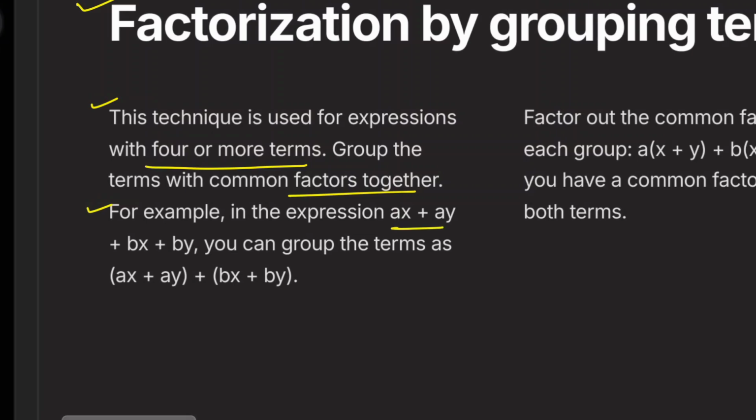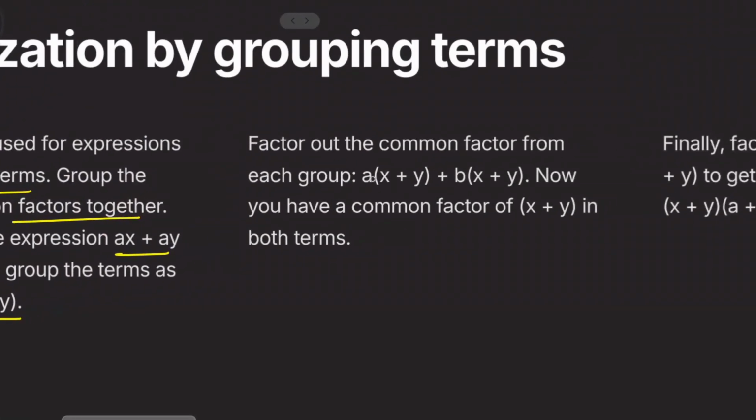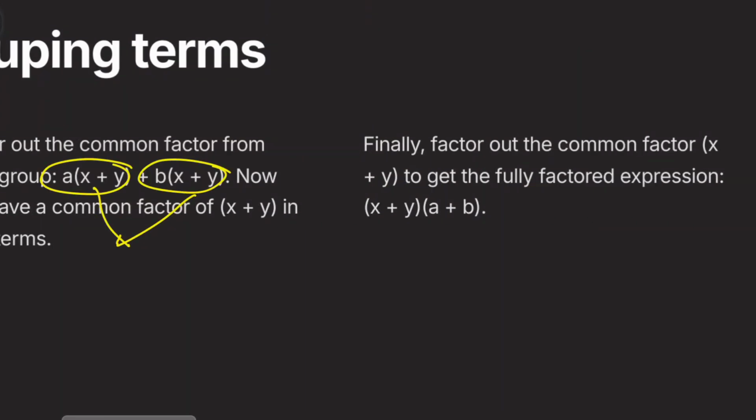As you can see here, we group ax plus ay together and bx plus by together. Here a is common in both terms, and b is common in both. So we can see that (x plus y) is there and (x plus y) is there. Again we got a common factor. In the final step, we take out this common (x plus y) from the expression.